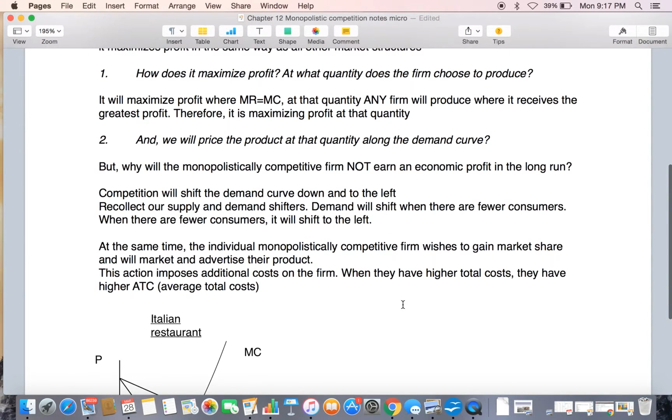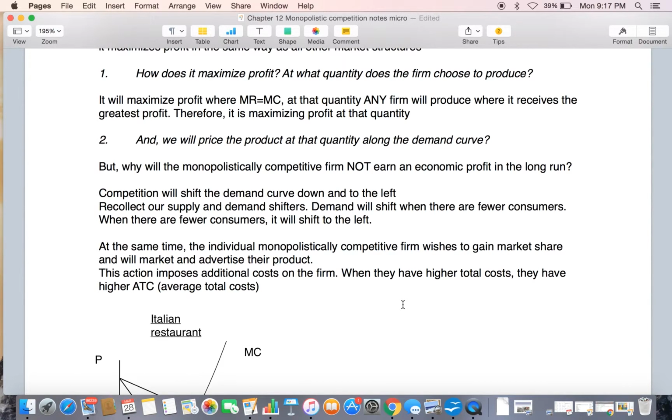The next thing we want to take a look at to understand how the monopolistically competitive firm operates in the long run is that at the same time, the individual monopolistically competitive firm wishes to gain market share. And in order to gain market share, they will market and advertise their product, sometimes excessively.